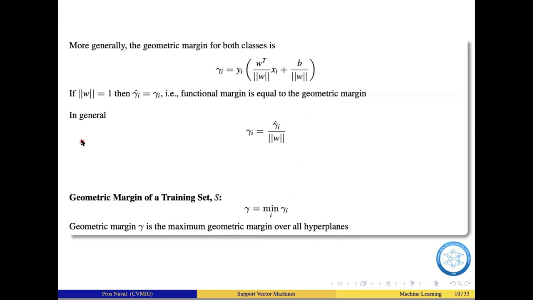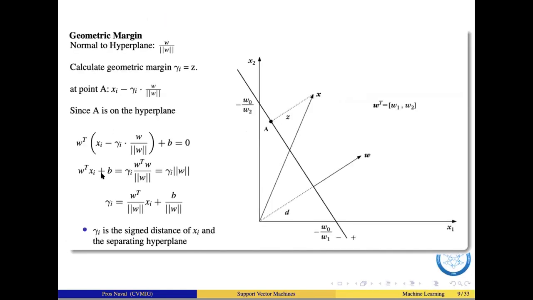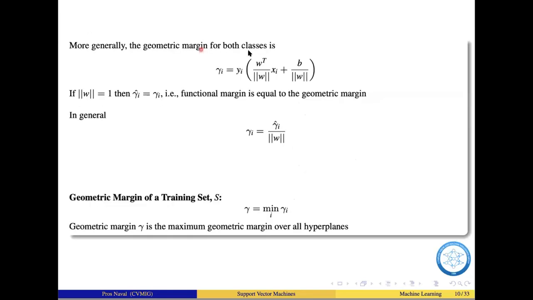So now, more generally, what we have is the geometric margin for both classes. Okay, so this is just for this. Now for the other class, we can write the following. So gamma I is equal to Yi, which is your label, times this quantity.